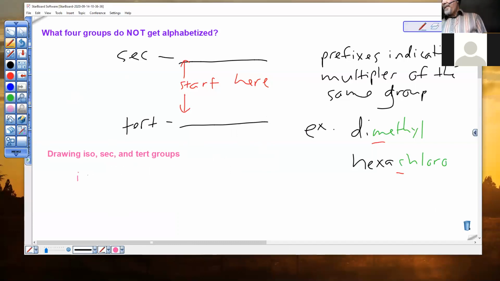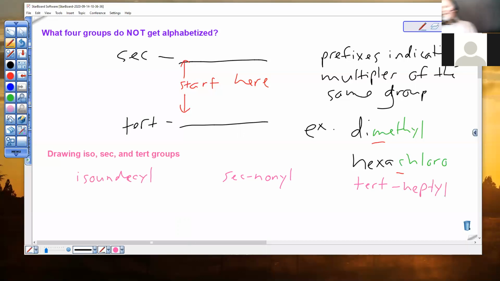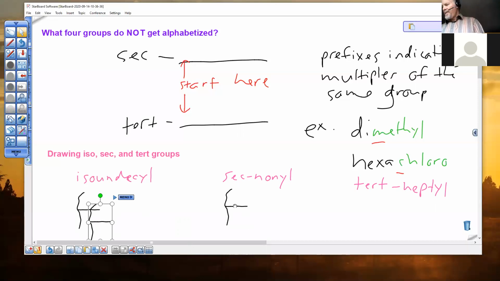Let's do isoundecyl. Let's go sec nonyl. And let's go tert heptyl. And we'll have a squiggle already there. And see if I can copy these.